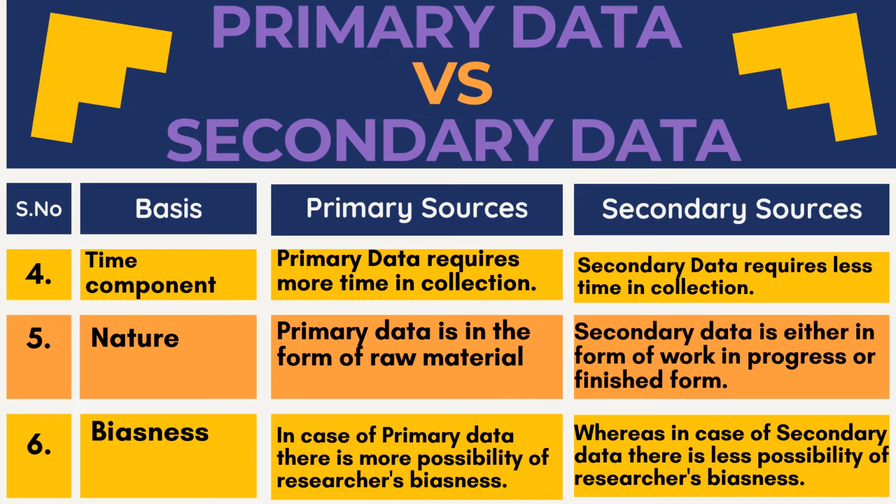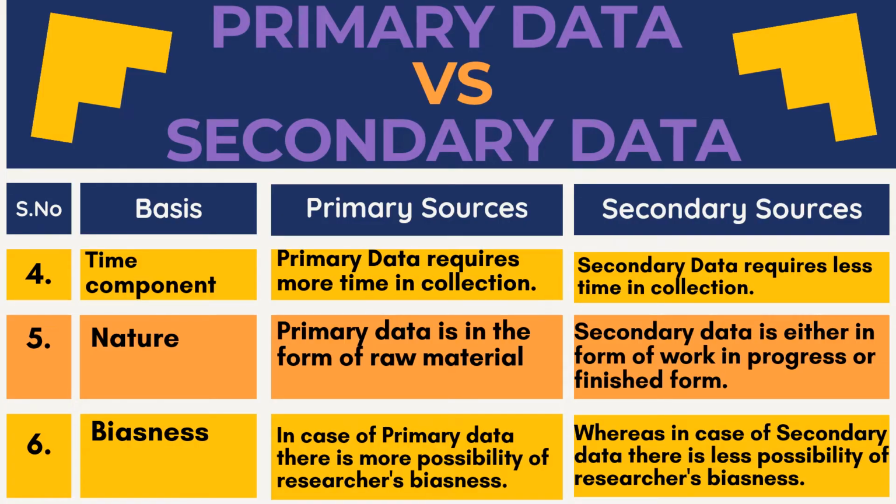Now moving to the next point, the fourth point, that is the time component. Primary data sources require more time for collection, and if you go through secondary sources the data can be collected in less time. So we can say that the time required in primary data collection is more, but it is less in case of secondary data.